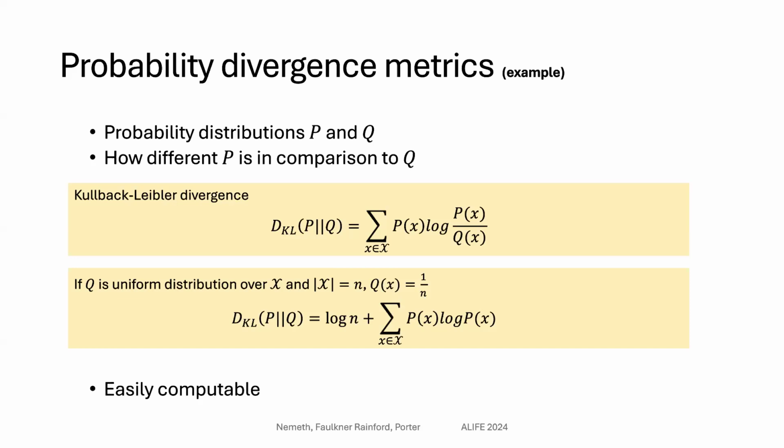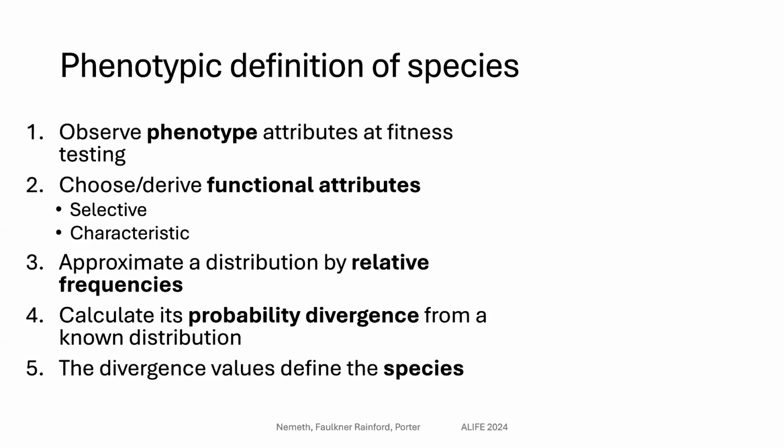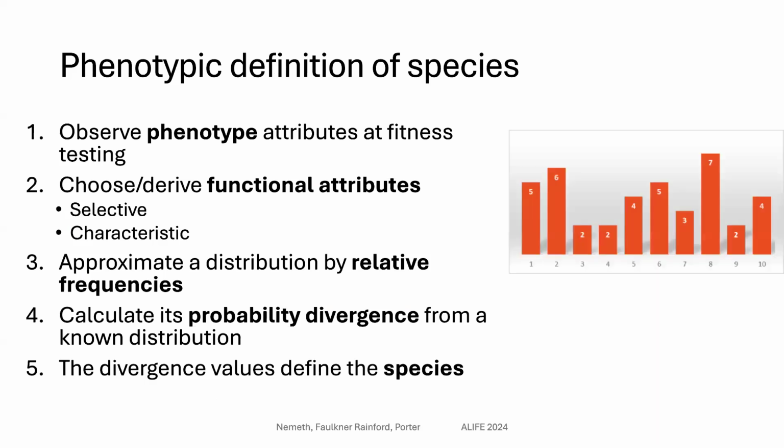So from all these, how do we do the speciation at runtime? We observe the phenotype attributes at fitness testing. We choose some functional attributes like the distribution of a hash table. We approximate the probabilities by relative frequencies, and then calculate the probability divergence, and probability divergence defines the species.